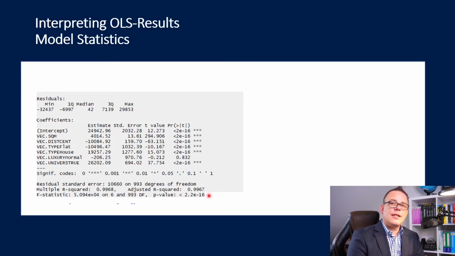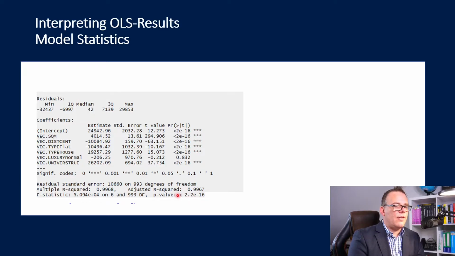Last but not least, there's the F statistic, which says something about the model quality. The F statistic is a test that has the null hypothesis that all estimates are 0. So this estimate is 0, this is 0, this is 0, this is 0, and so on and so forth. That's the null hypothesis. Here we have a p-value too.